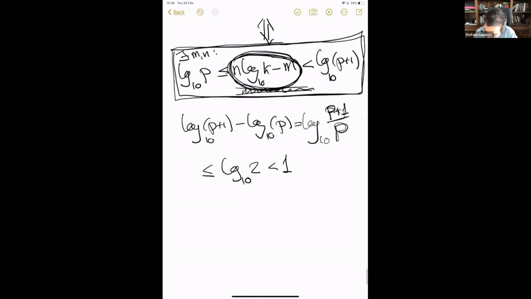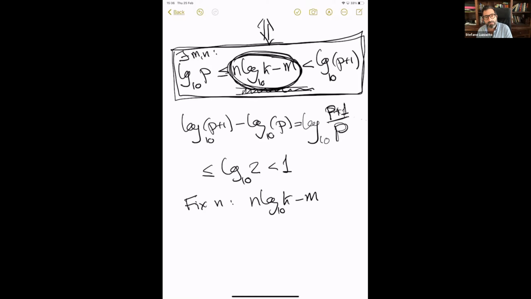What I'm saying now is fix n for the moment. Then we write n log base 10 of k, and we want to choose an integer m such that this minus m is the smallest possible positive number, because it has to be positive. So what are we going to choose for m?